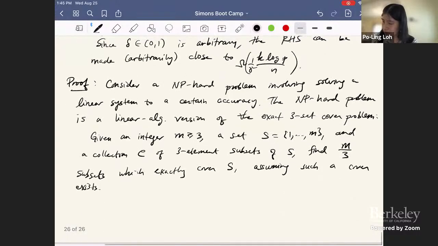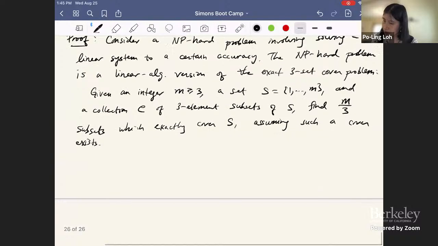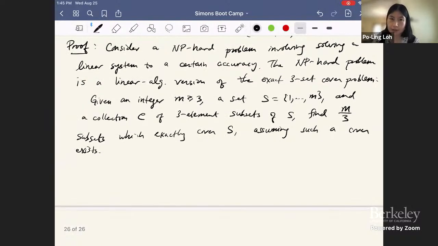So this is known to be an NP hard problem, which means that it's at least as hard as all the hardest problems in the class NP.